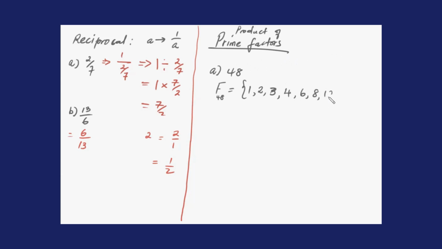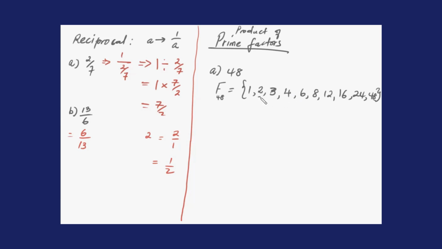Then 12, 16, and 24, and then 48. All right. So what are prime factors here? They are all factors, but we need to select only those that are prime.